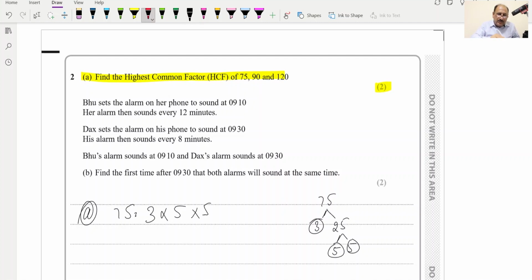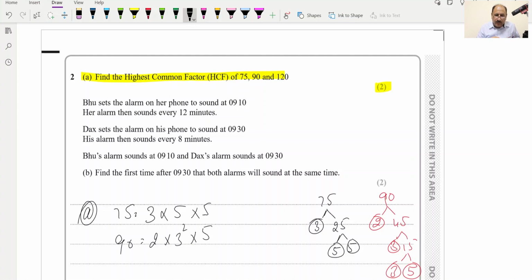Now prime factors of 90 also we can check. 90 will be 2 into 45, 3 into 15, and then 3 into 5. So prime factors of 90 will be 2 into 3 squared into 5.